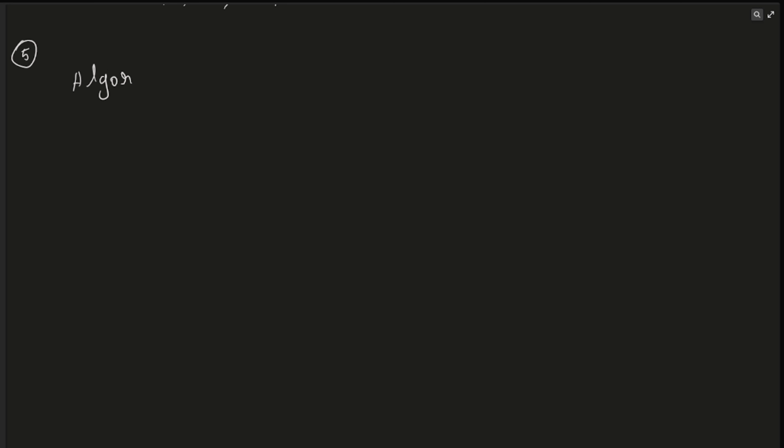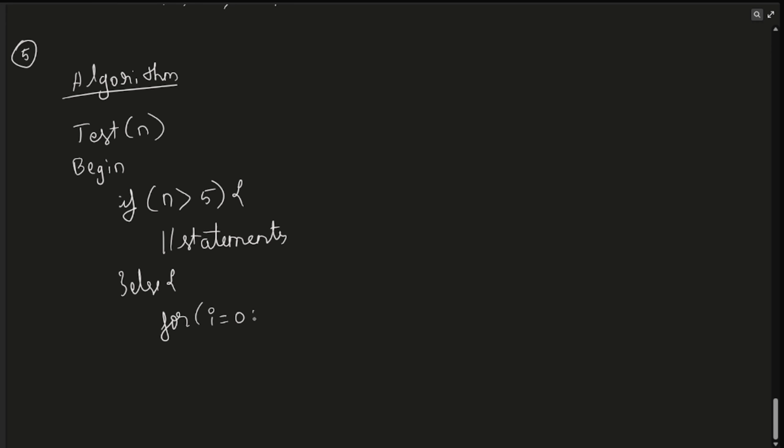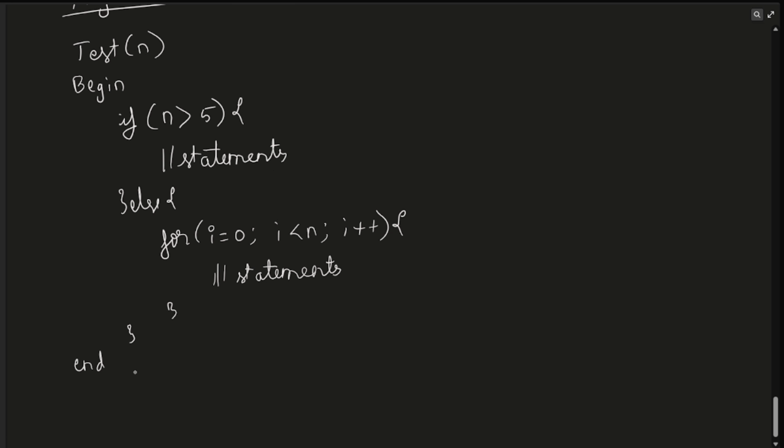Else, we'll have a for loop in the else block. i is less than n, i plus plus. Execute some statements, some sysouts or something. We'll end the for loop and else block. And at the end, the function is ended.